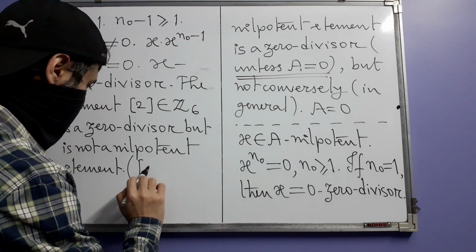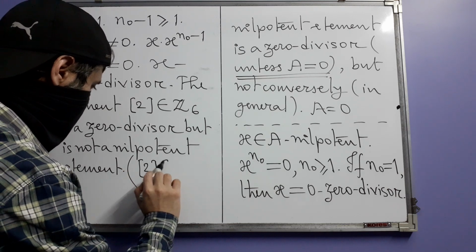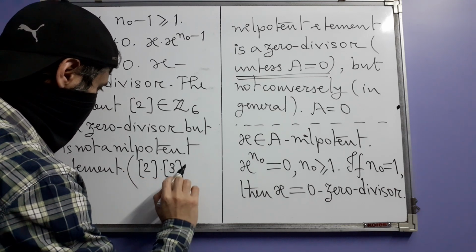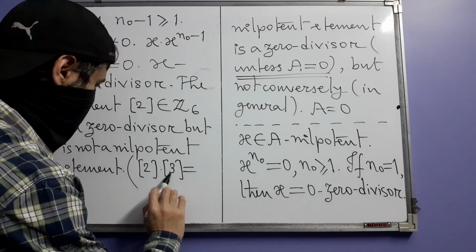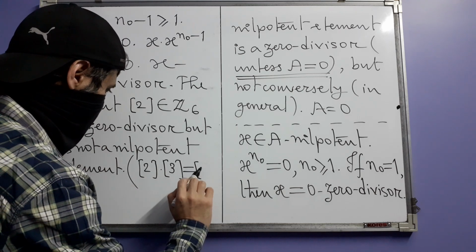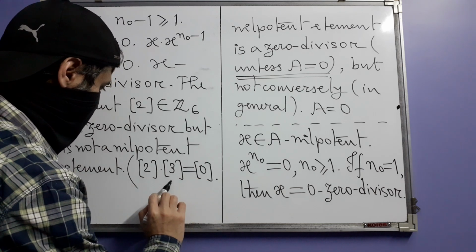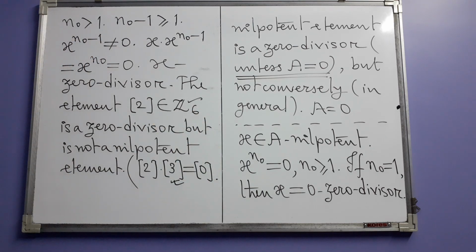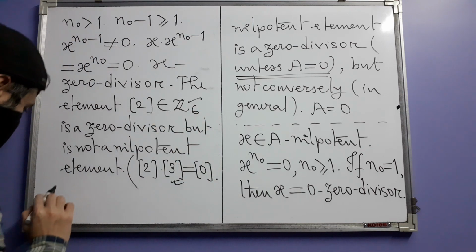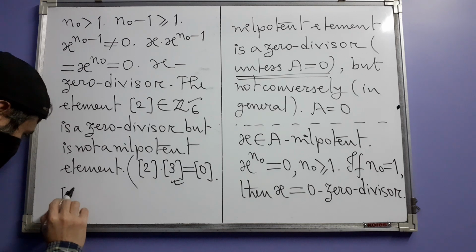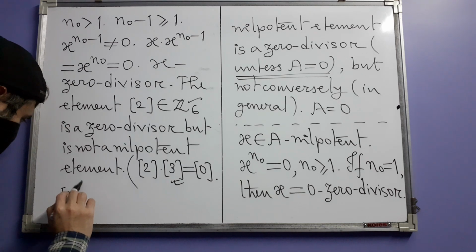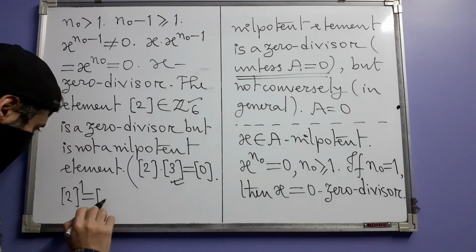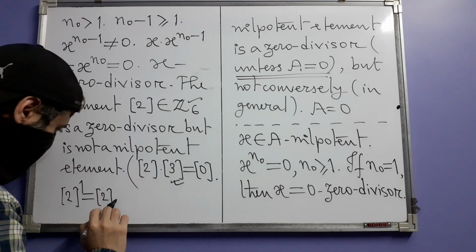Well, it's a zero-divisor because you can multiply this congruence class by this one and you will get 0, and this is a non-zero element in Z6. And it is not nilpotent because if you look at its positive powers now, you won't get the 0 congruence class.